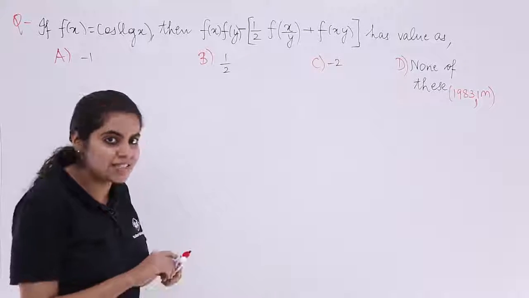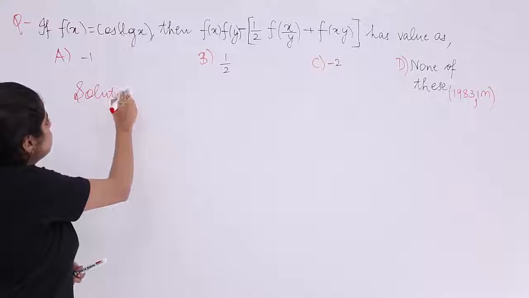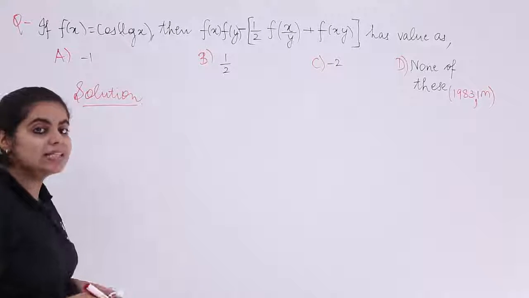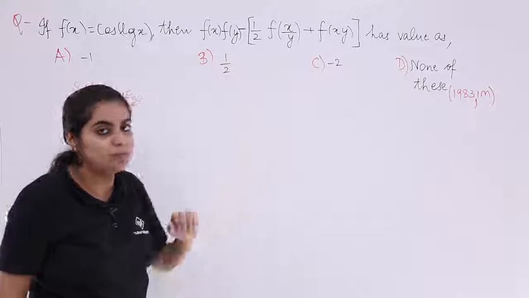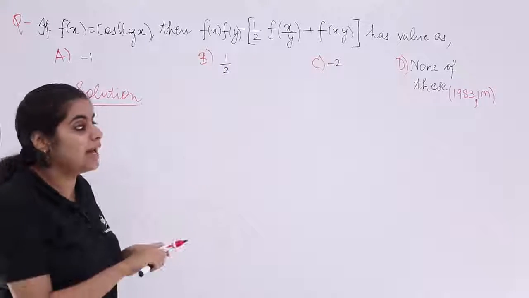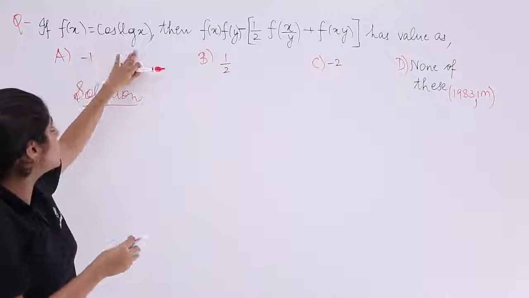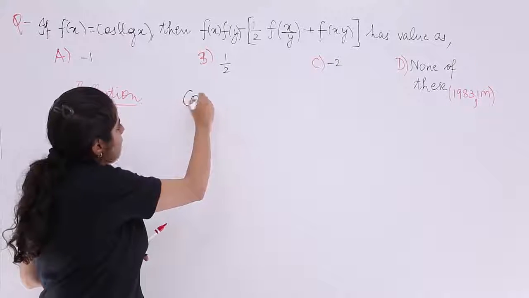Let's start the solution by writing the heading as solution, and let's again focus and concentrate on what the expression is given to me. The expression is f(x) multiplied by f(y). Where f(x) is cos log x, so it is cos log x.